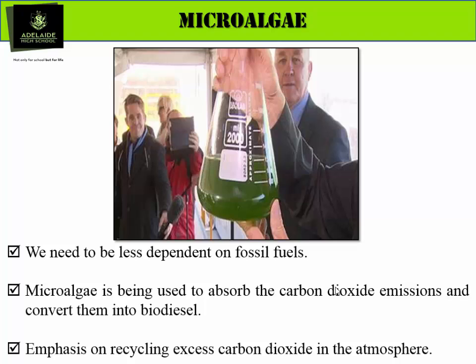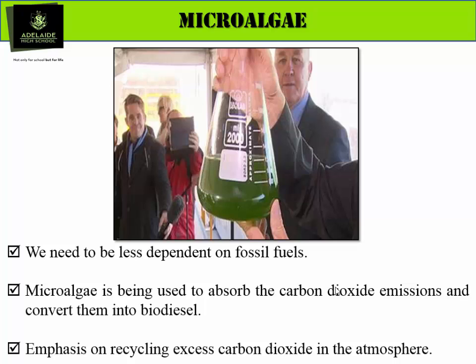Remember, we mentioned about deforestation just now. What happened to the trees? It's dying. It will take a long time to grow. So we need to preserve them. But in a short term effect, we need to have this microalgae because whatever carbon dioxide has been emitted into the atmosphere and the environment, you need to allow this microalgae to absorb it. All right.